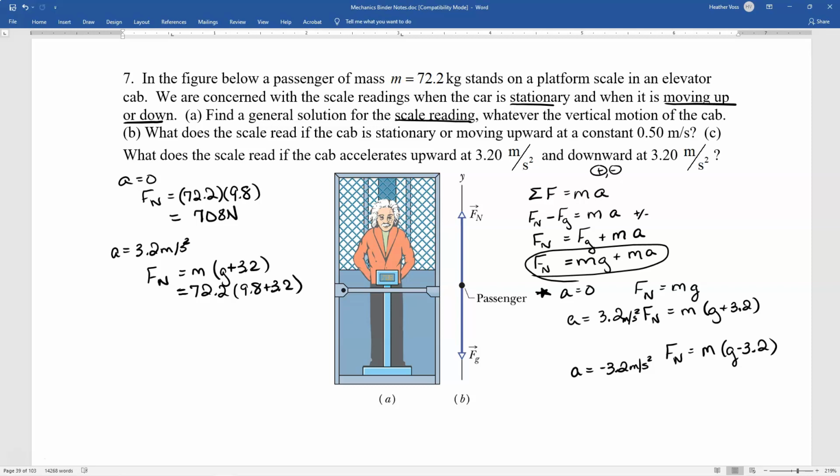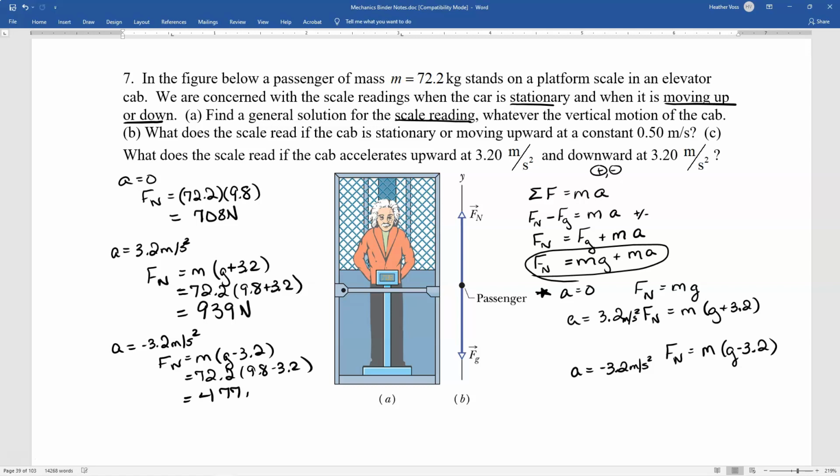And so that is going to be 939 newtons approximately. If I'm going downward, my force normal is going to equal mass times g minus 3.2. So that's going to be 72.2 times 9.8 minus 3.2.